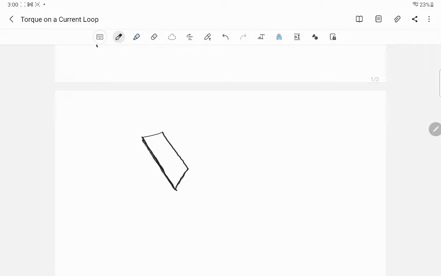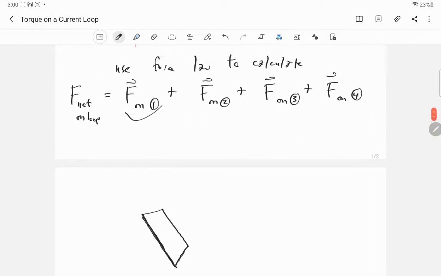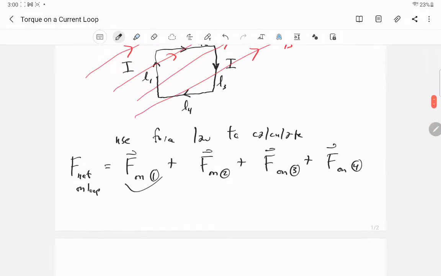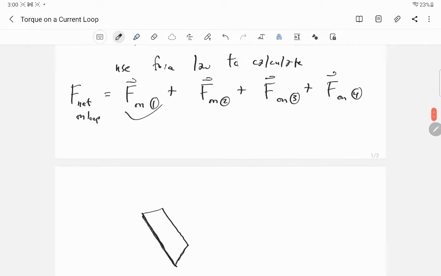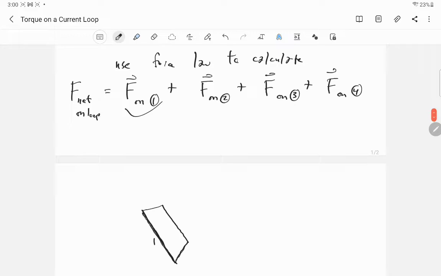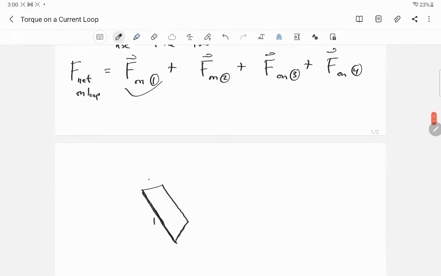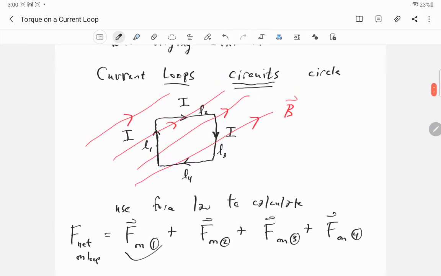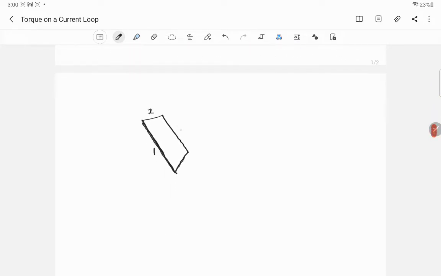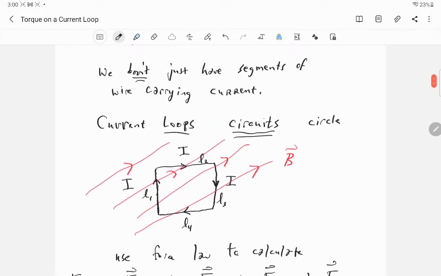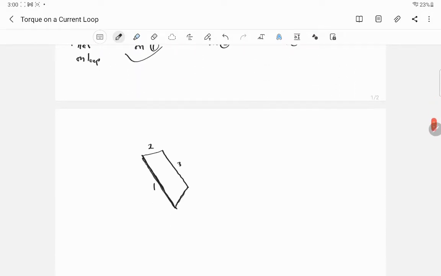In the language up here, side number 1 could be the near side, side number 2 is the top, side number 3 is the far side, and side number 4 is the lower side, like that.